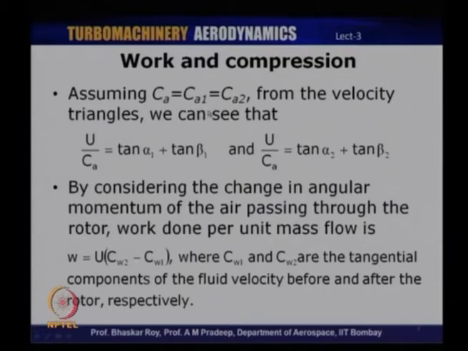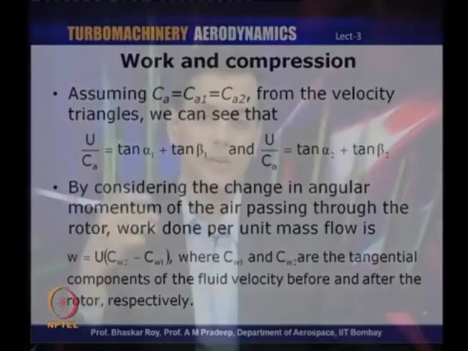Now, if we consider the change in angular momentum of the air as it passes through the rotor, you have seen that at the inlet of the rotor, the whirl component or the tangential component of the absolute velocity is C_w1, and at the exit of the rotor it is C_w2. So, what is the net change in tangential component of velocity across the rotor?